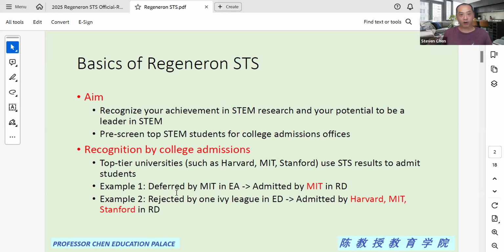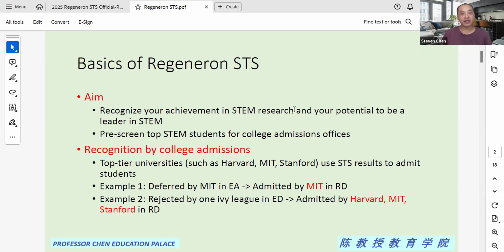We know that for MIT, in the early cycle, if you are not directly admitted, then MIT would put most students in the deferred pool and defer the admission decisions for those students. But because they defer almost all EA applicants, it makes those students have a super low chance to be accepted later.